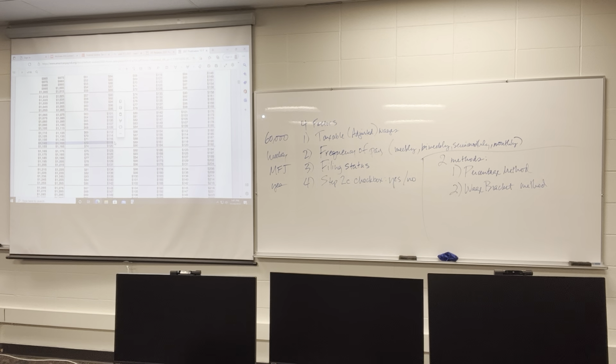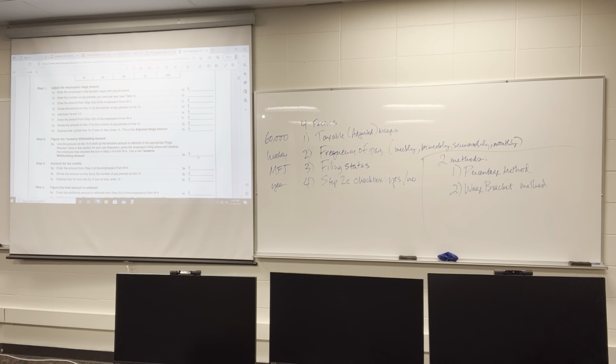So our tentative amount to withhold is 118. That makes more sense. Remember, we haven't subtracted the tax credit yet. We subtracted the tax credit from that one, but we haven't subtracted it from this one yet. So that 118 would then be entered on the form right here. Then enter the amount from step 3, that was $2,000, divided by the number of pays, divided by 52, 38.46.